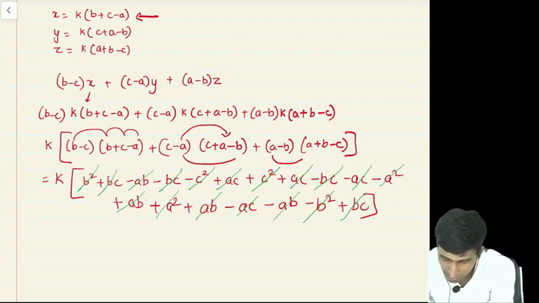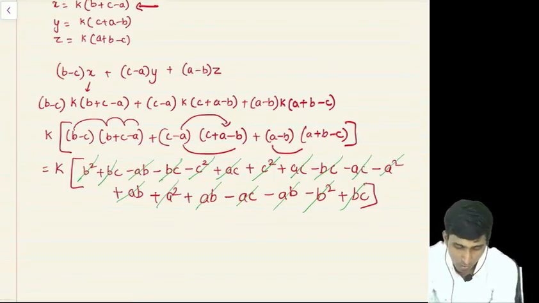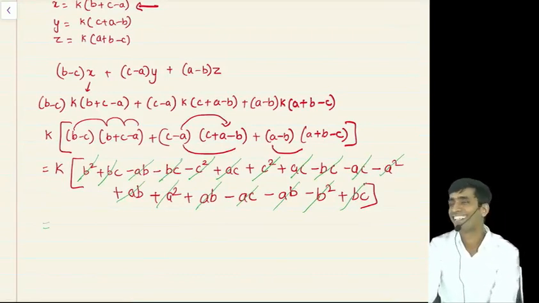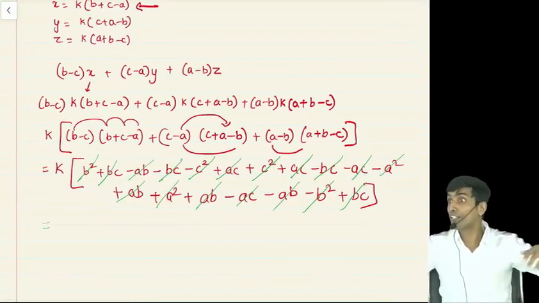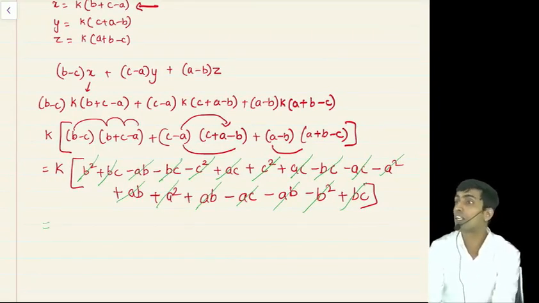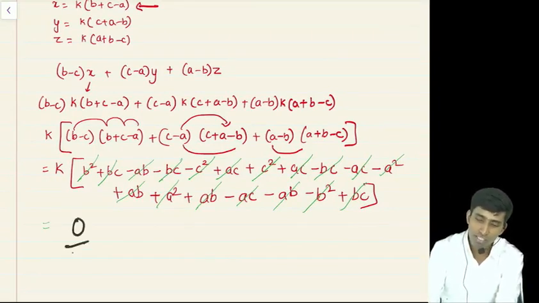Everything gone. What is left? 0. Isn't it 1? No, sir. People will think everything cancelled, so 1. 1 is not the answer. The answer is 0. k into 0 is 0.